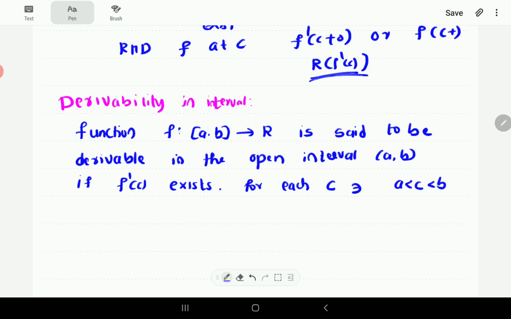So basically, when we say that it is derivable in an open interval (a, b), that means this derivative f dash should exist for every point in the open interval. Here c may be any point in the open interval (a, b), and if the derivative exists for each and every point in this interval, then we say that the given function f is derivable in the open interval.